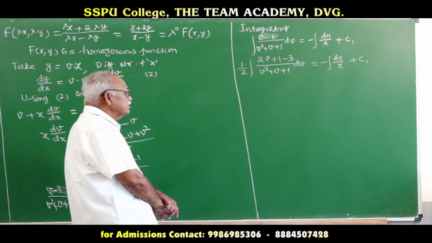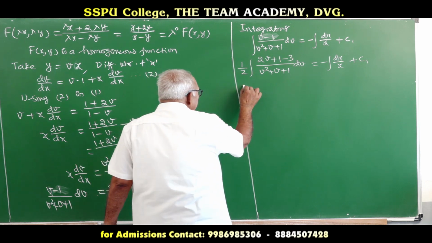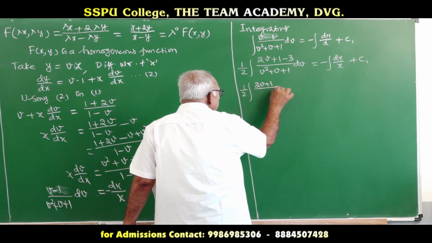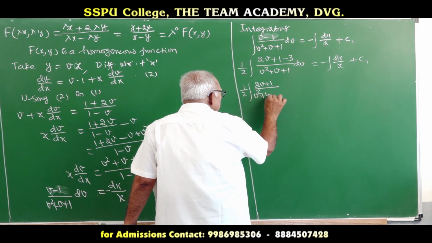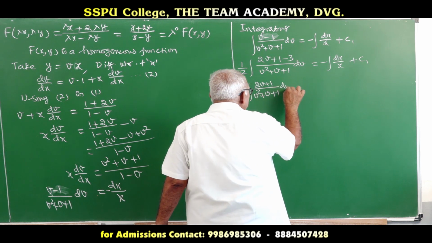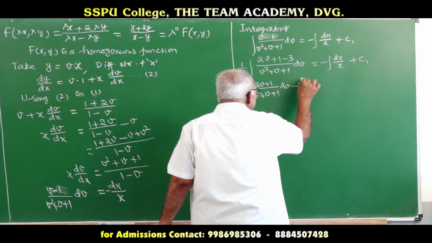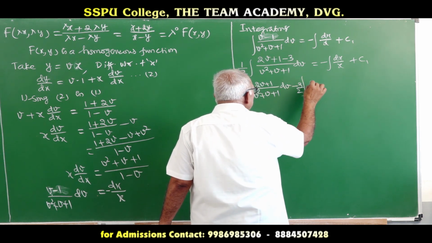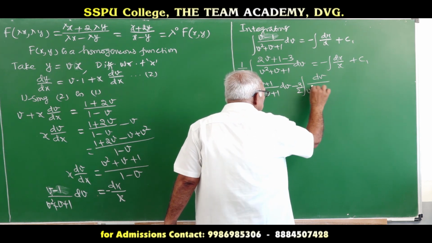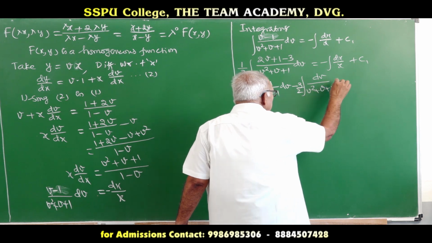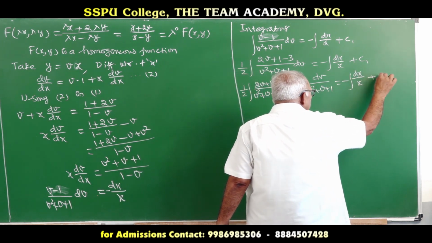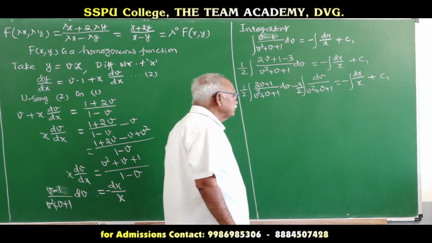Now, what is the integration for this? You can have two integrals here: 2v plus 1 divided by v square plus v plus 1 dv minus 3 into 1 by 2 into dv by v square plus v plus 1 is equal to minus dx by x plus C1.